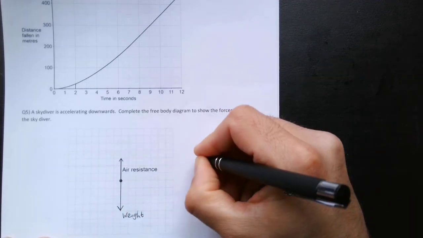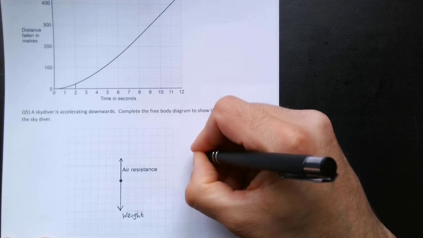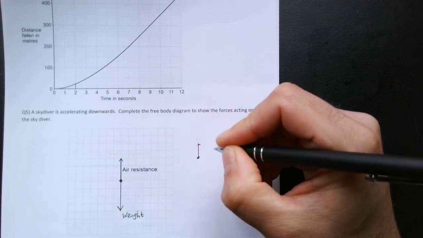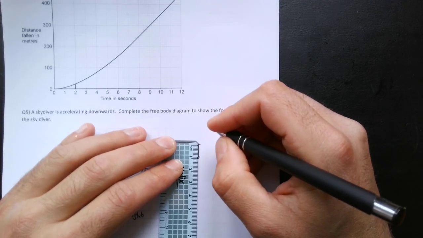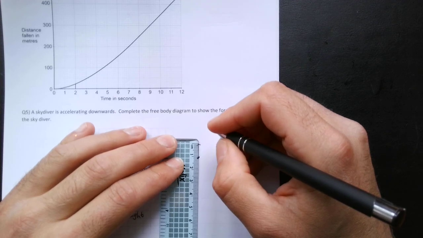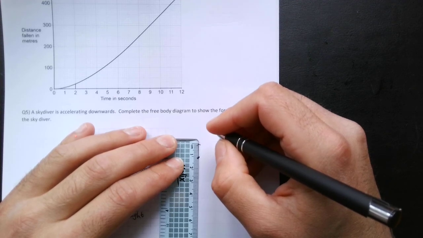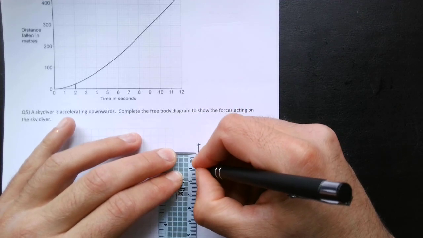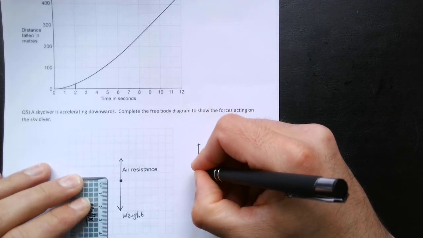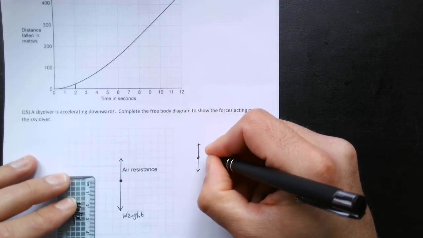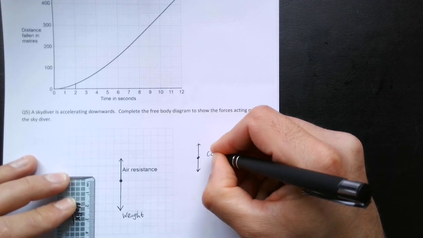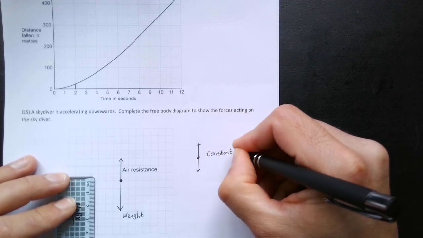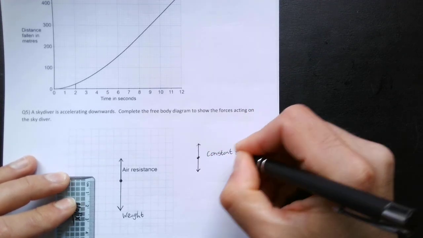So remember, if a skydiver is moving at a constant speed, both forces will be equal. So what I'm going to do is draw these arrows exactly the same. And how I draw them exactly the same is measure both. So that's 1.1, so I need to draw this one as 1.1. And that shows a skydiver going at constant speed, which we call terminal velocity.